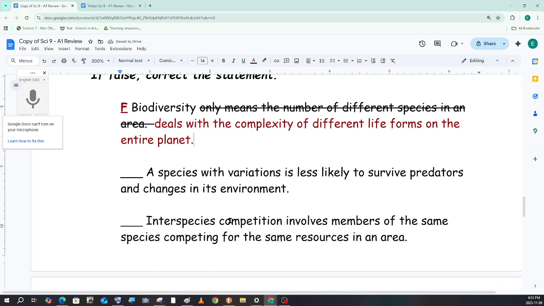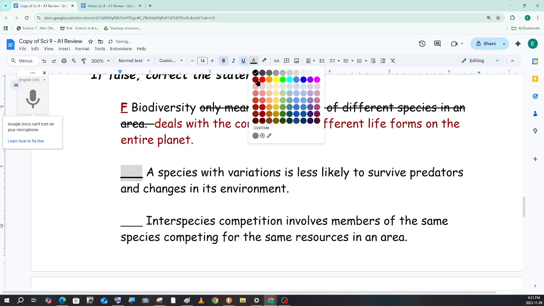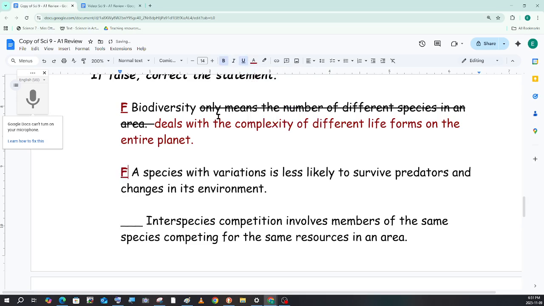Okay, and question 2. A species with variations is less likely to survive predators and changes in its environment. That is also false. That is also a load of baloney. That's false.